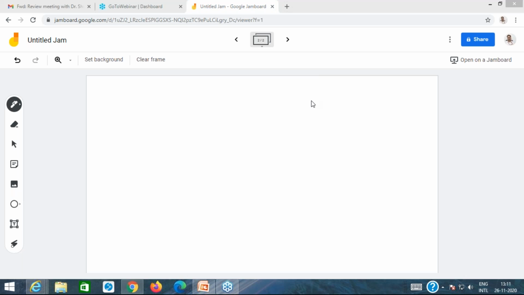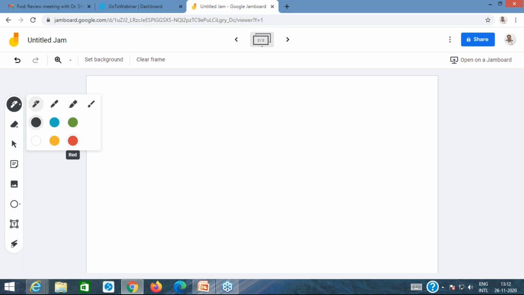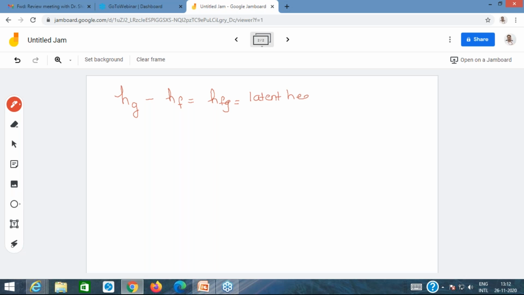So I will just write down this understanding which you have gained on the board once again. Okay, so let me write it with red. So Hg minus Hf is Hfg, which is latent heat of vaporization at a given pressure.